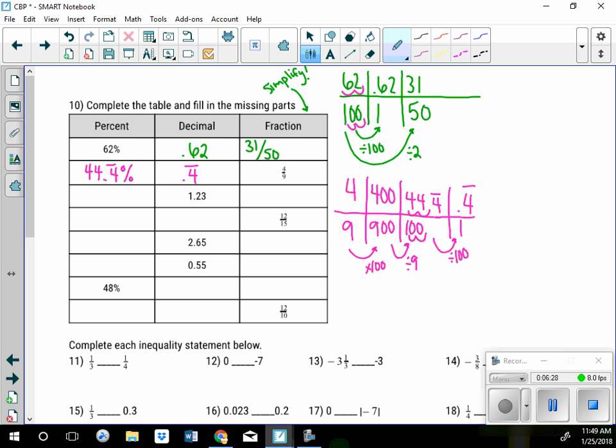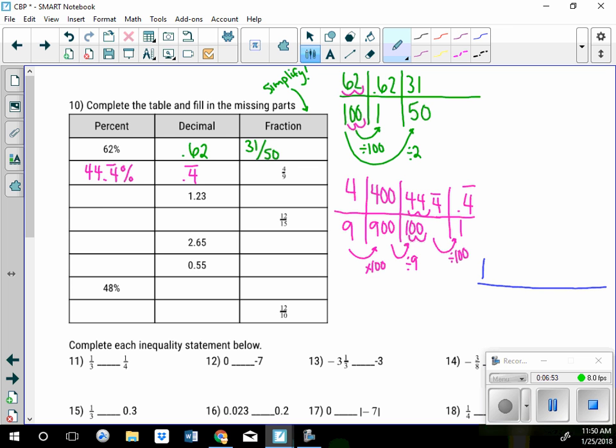All right. Let's do one more together. We're going to do this third column together. Okay, so we have 1 and 23 hundredths. Let's start by setting up our ratio table.